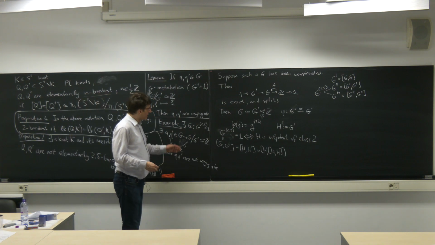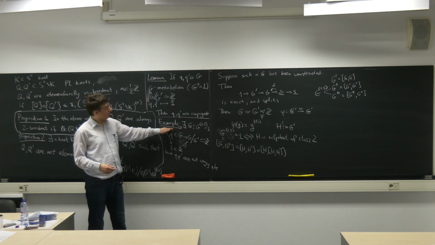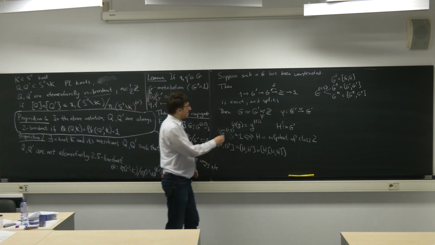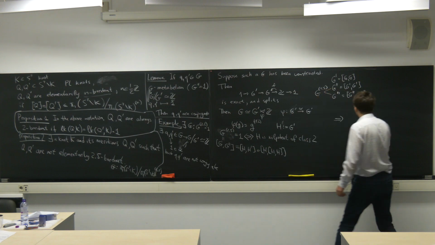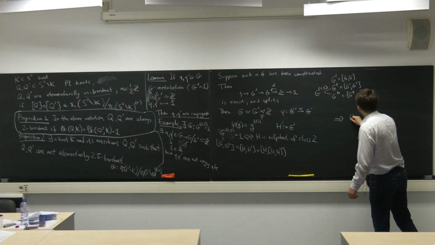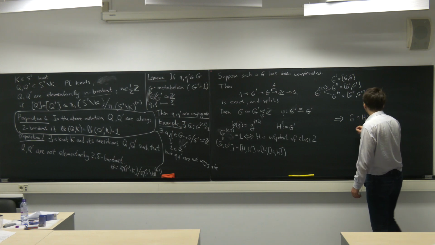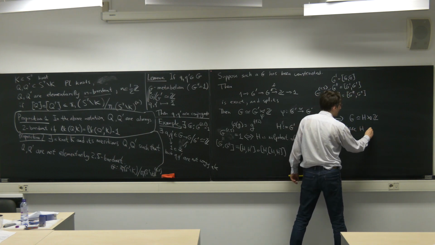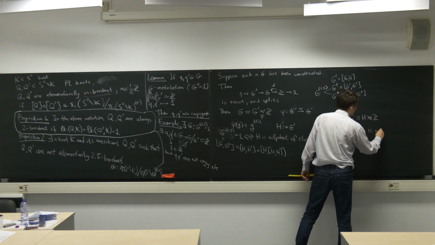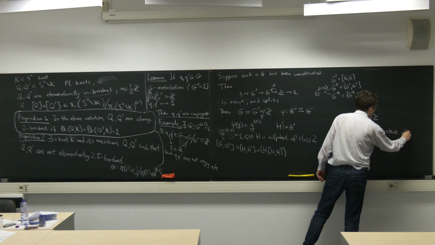So, okay, if we manage to construct such a group G as we want in this example, then the result of this discussion is that G is isomorphic to a semi-direct product of H with Z, where H is nilpotent of class 2.